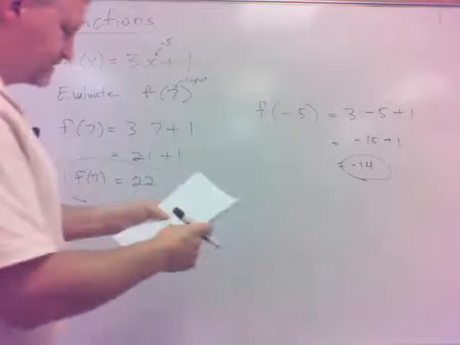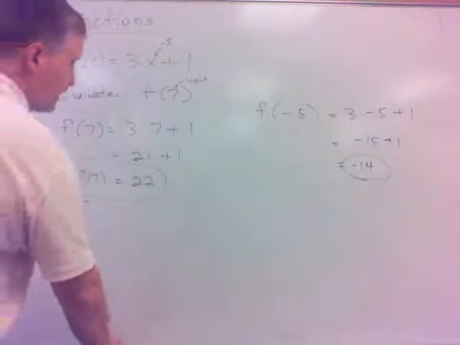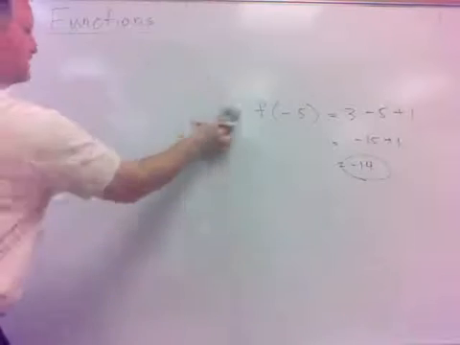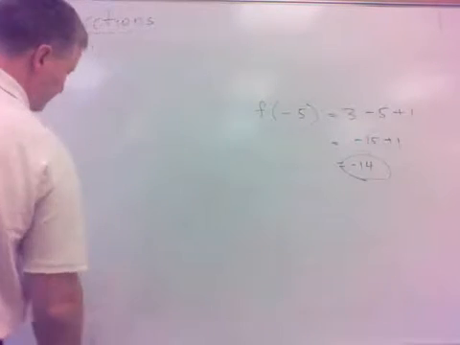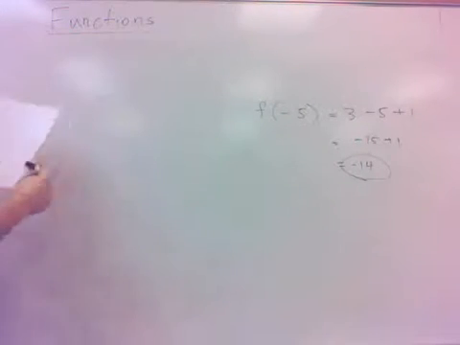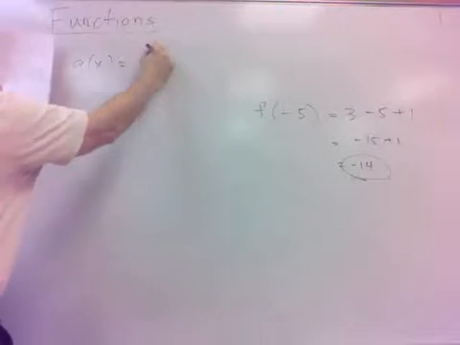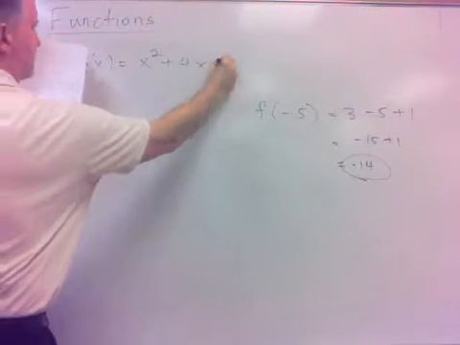All right, but let's do another function. You can have not only f functions, but you can have g also. G of x, let's say, equals x squared plus 4x plus 3.